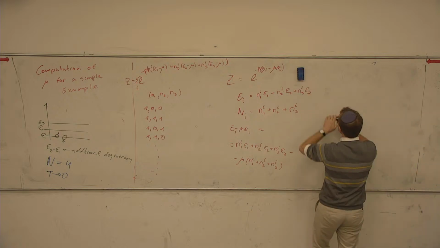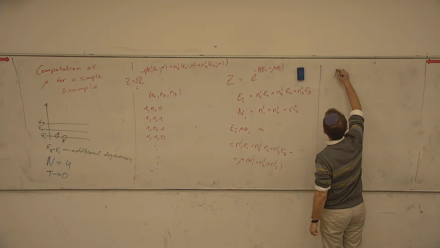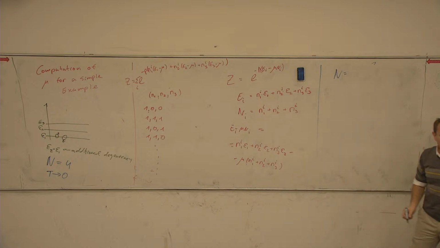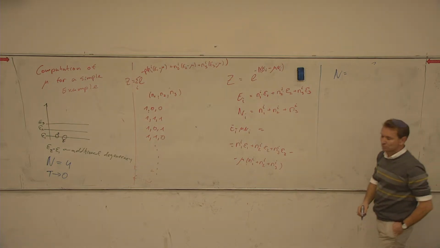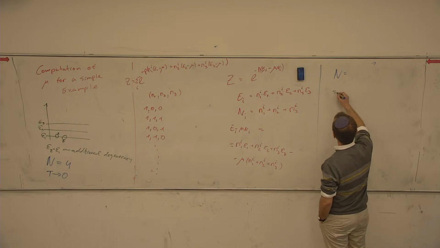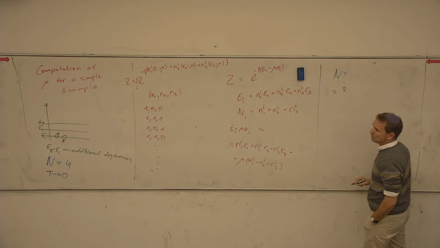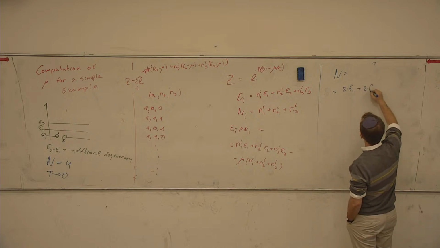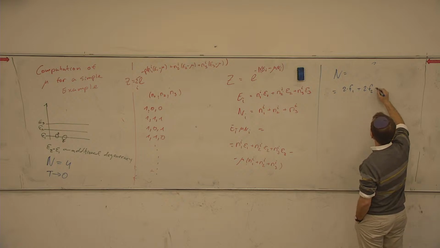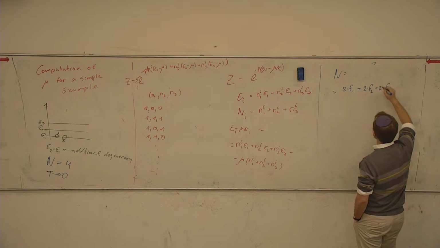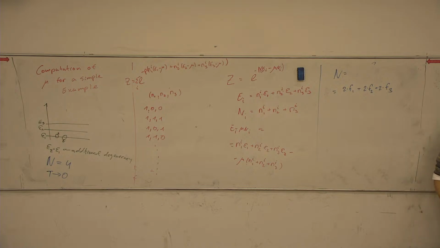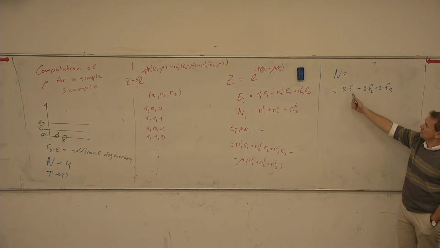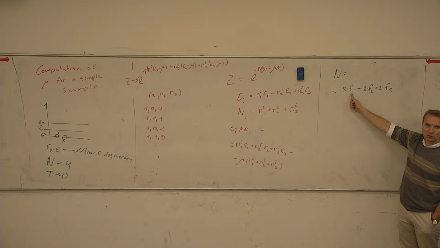So how do we compute this? We know that n, the number of particles, equals, if we have a 3-level system, 2 multiplied by the probability f1 plus 2 multiplied by the probability f2 plus 2 multiplied by the probability f3. Okay, so the average number of particles is the occupation of level 1. If it's 0, 0.